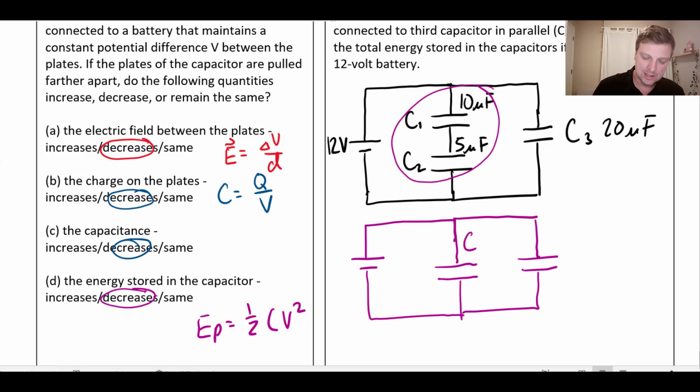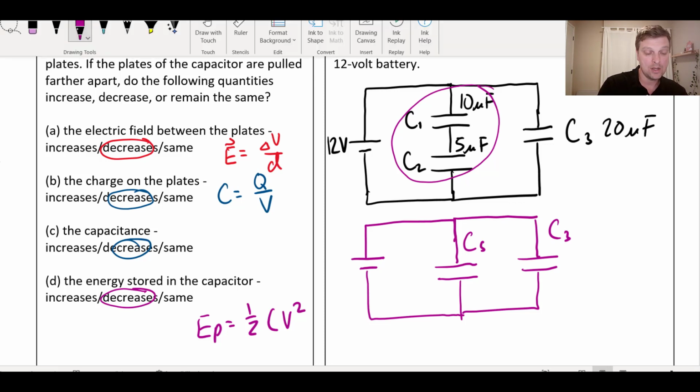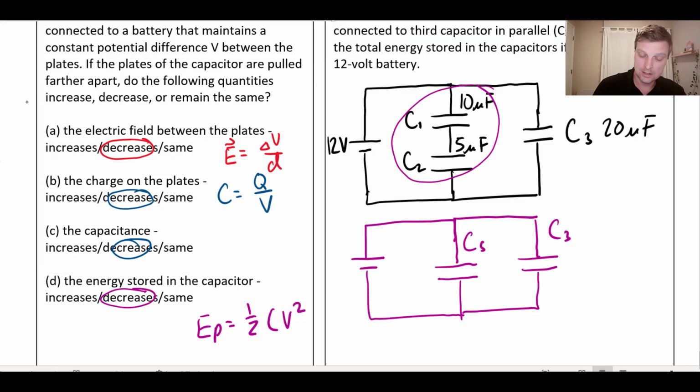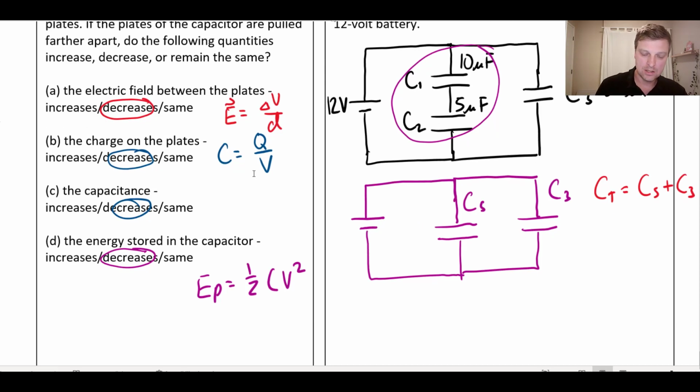So I could think about this as CS, for example, and then this is C3. And from my capacitor rules, I know that the total capacitance, CT, is just going to equal the capacitance of CS plus the capacitance of C3, because they're in parallel with each other. So I might just sneak over here and solve for the capacitance of CS.